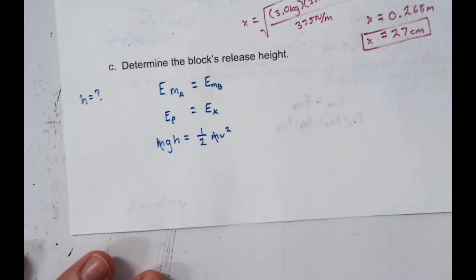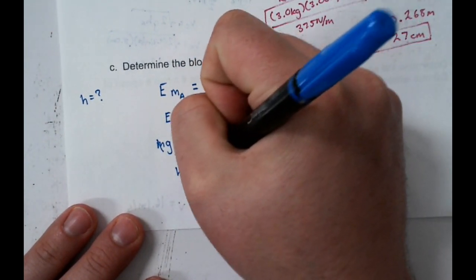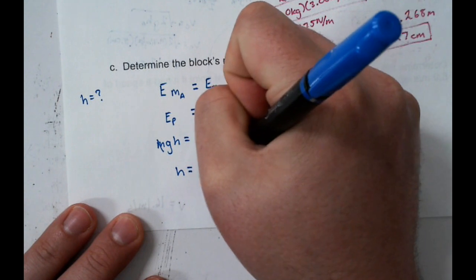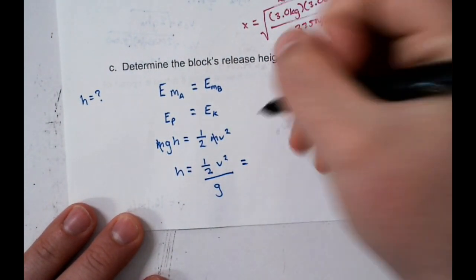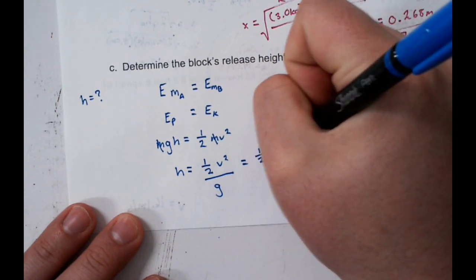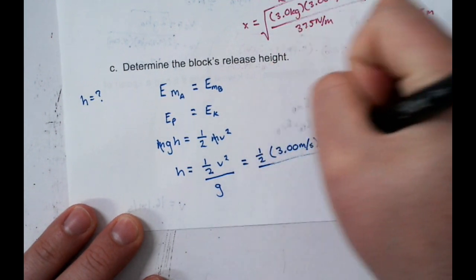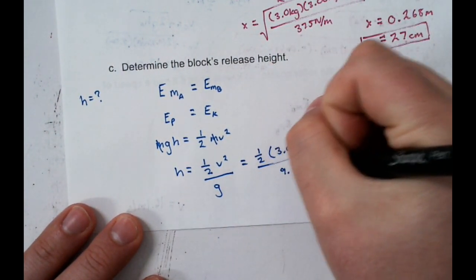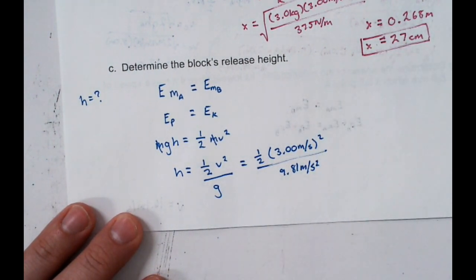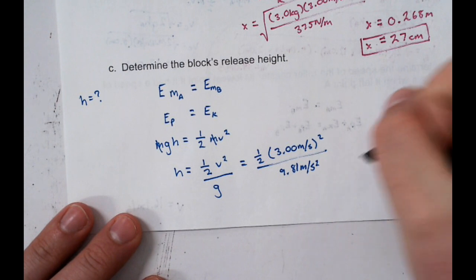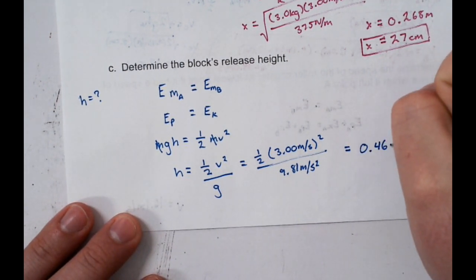So if we rearrange, h is equal to 1/2 v squared over g, and that's equal to 1/2 times 3.00 meters per second squared over 9.81 meters per second squared. When you plug this in and solve, you're going to find it has a height of 0.46 meters.